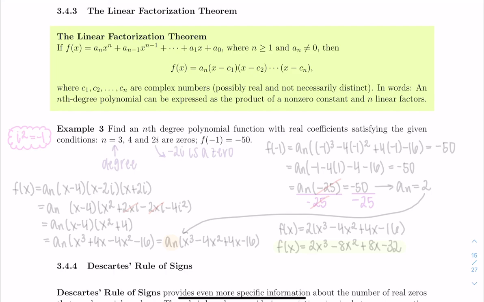And so we're going to use this idea to find an nth degree polynomial function with real coefficients satisfying the given conditions. n is 3. 4 and 2i are zeros, and f of negative 1 equals negative 50. So n equals 3 is the degree.